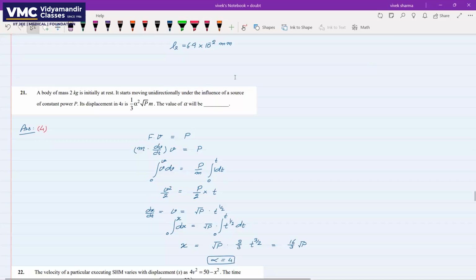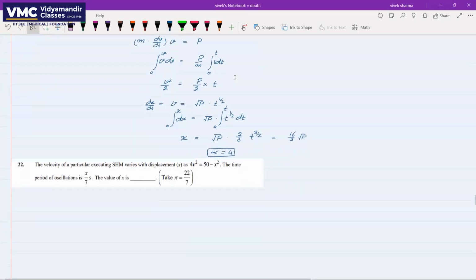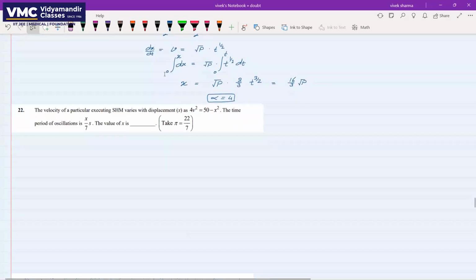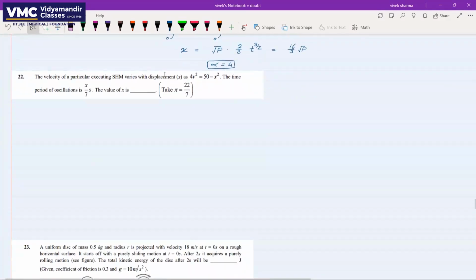Now moving to question number 22. क्वेश्चन नंबर 22 एसएचएम का क्वेश्चन है और इसका वेलोसिटी आपको दिया हुआ है। मैं इसे इस फॉर्म में लिख देता हूँ v square that is equal to 1/4 (50 minus x square), or I can say v that is equal to 1/2 square root of 50 minus x square.